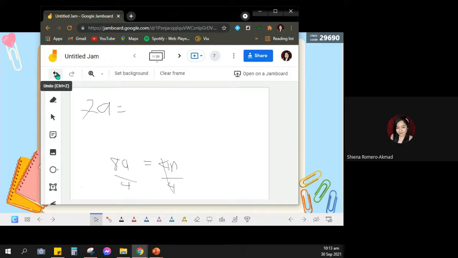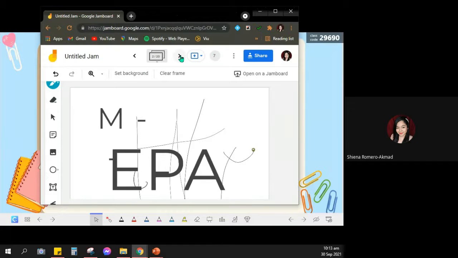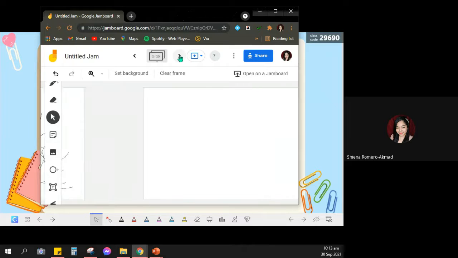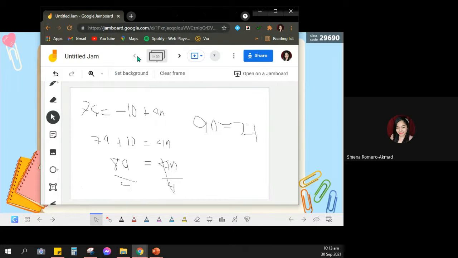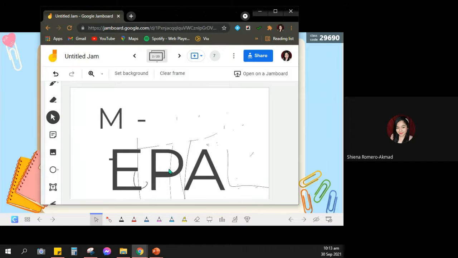Tapos punta ka sa ibang frame. Tigilan mo yan. Hindi ka naman nagsasagot.